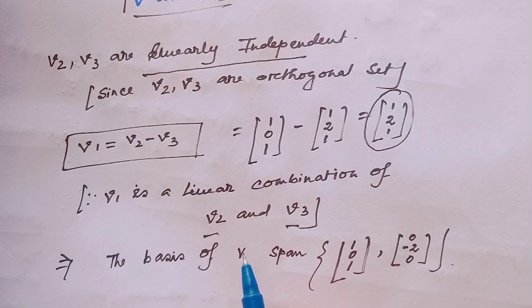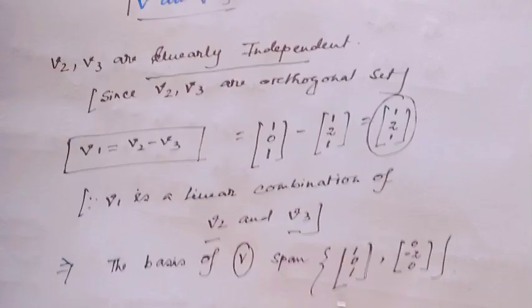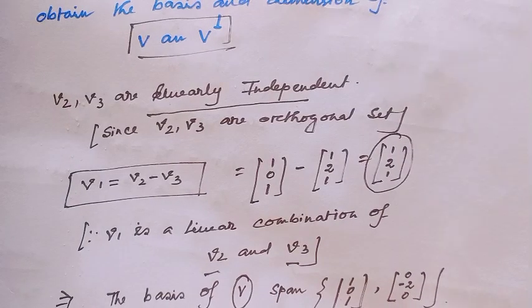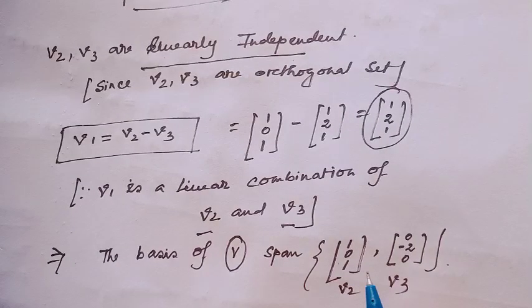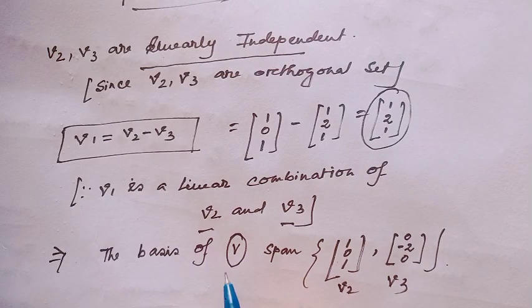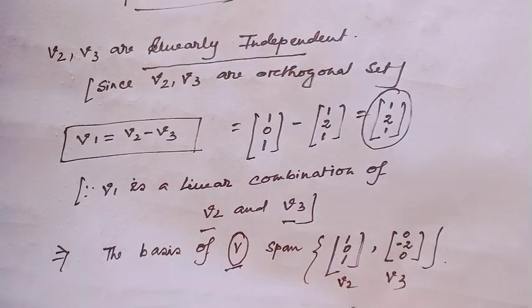That means the basis of the vector space V is spanned by only V2 and V3, because obviously these two vectors are linearly independent and they span the whole vector space V. That means the dimension of the vector space V is 2.